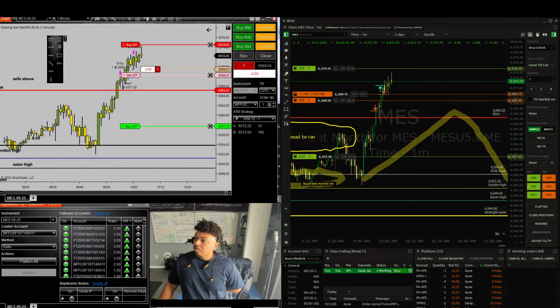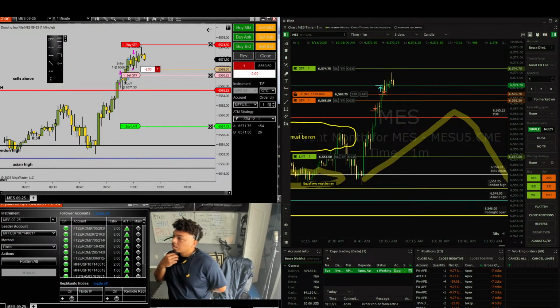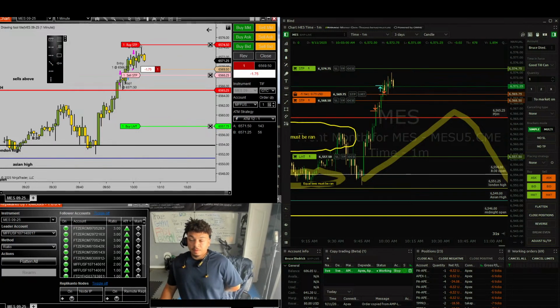But again, being patient. Let's see if we get a melt at least back down to 50% of the range.